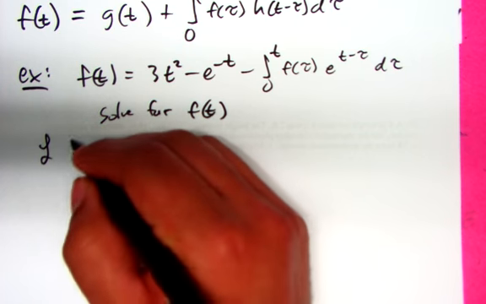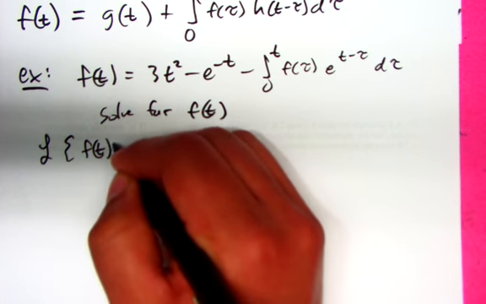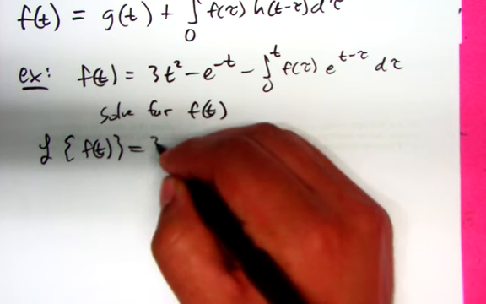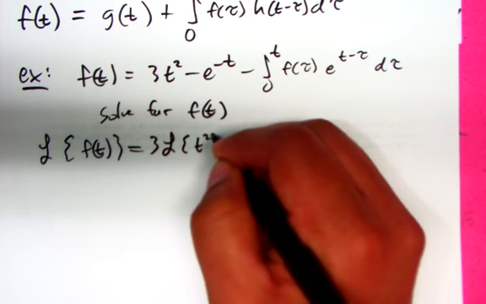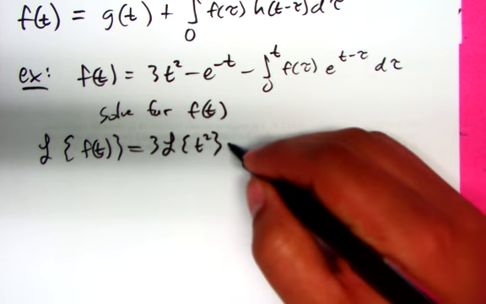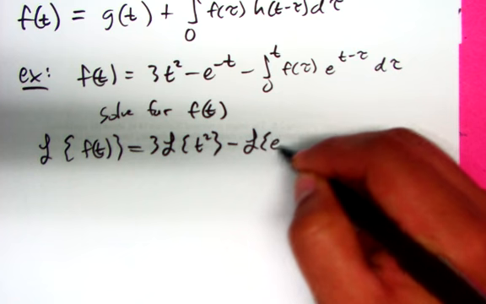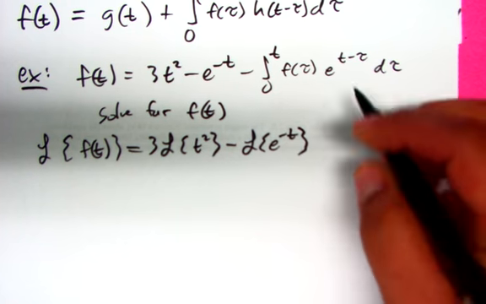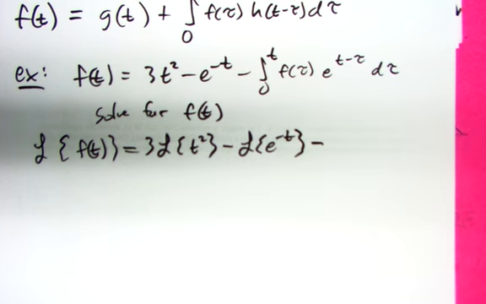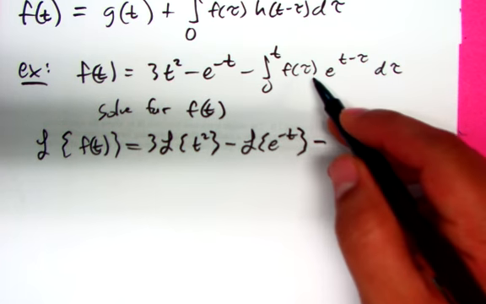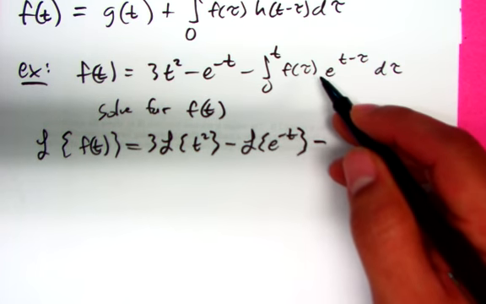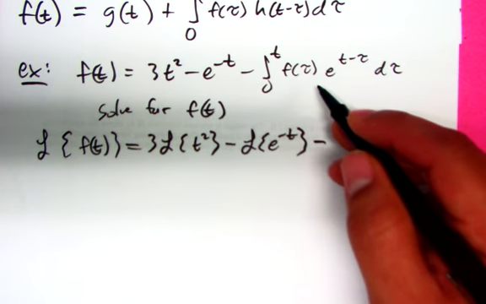So if we take the Laplace transform of f of t, now we have 3 times the Laplace transform of t squared minus the Laplace transform of e to the minus t minus, and here's where we're using the convolution theorem. This is the convolution of what functions? f and e to the t, right?